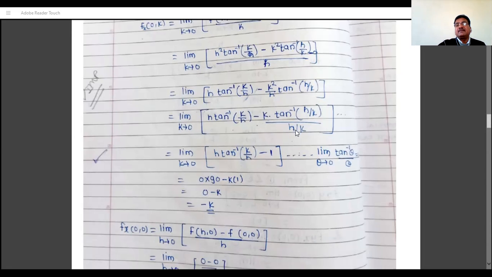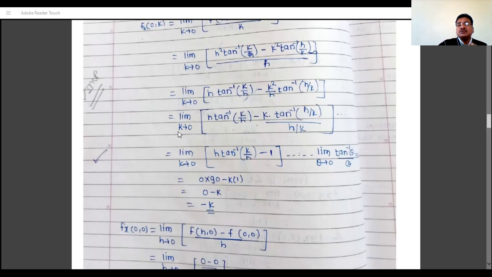And the limit of this factor, here write h tends to 0. So h tends to 0, then this tends to 0 because h is 0. And the limit of this factor is 1 as h tends to 0 by using this rule: tan inverse theta by theta is 1 if theta tends to 0.